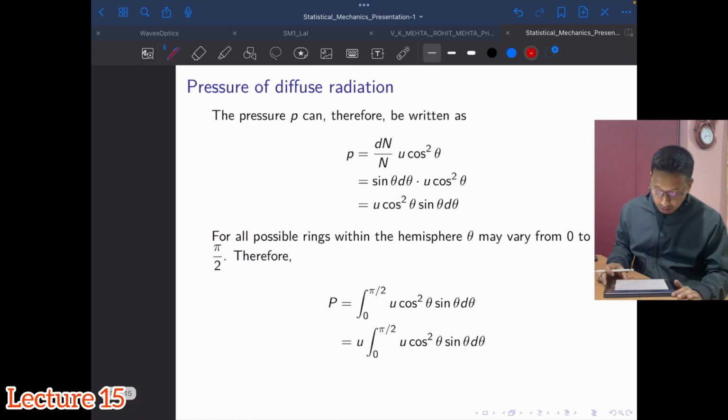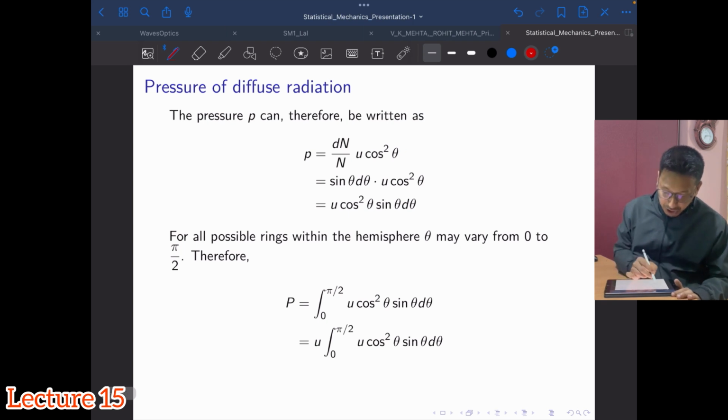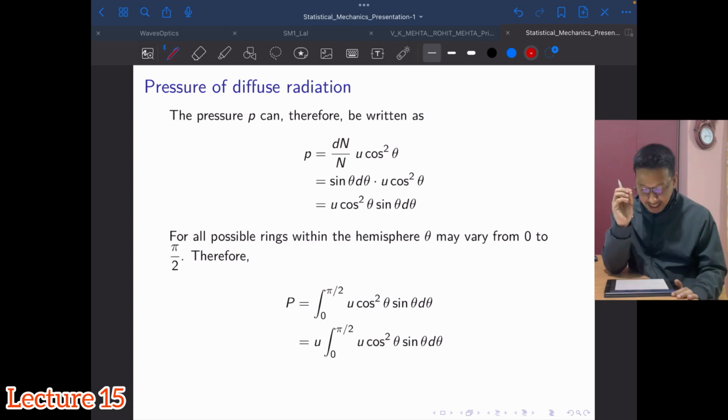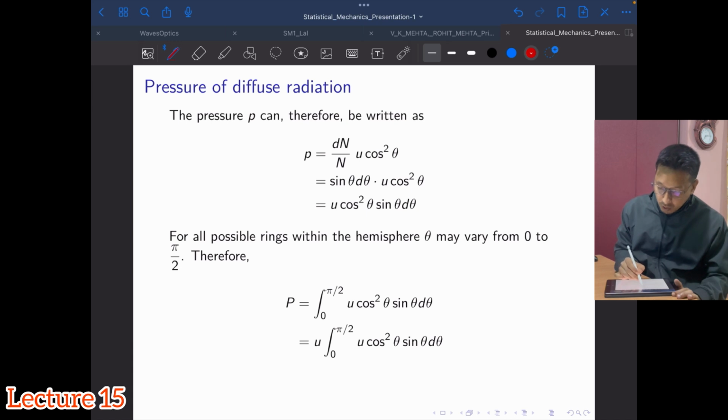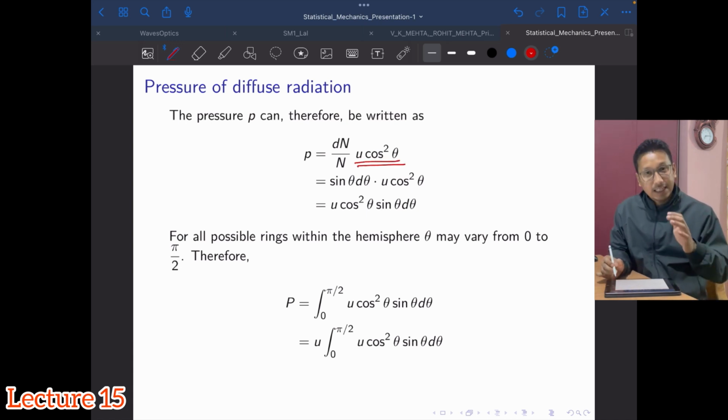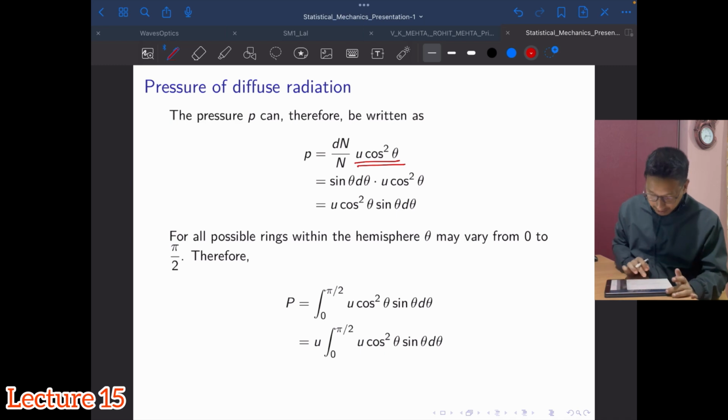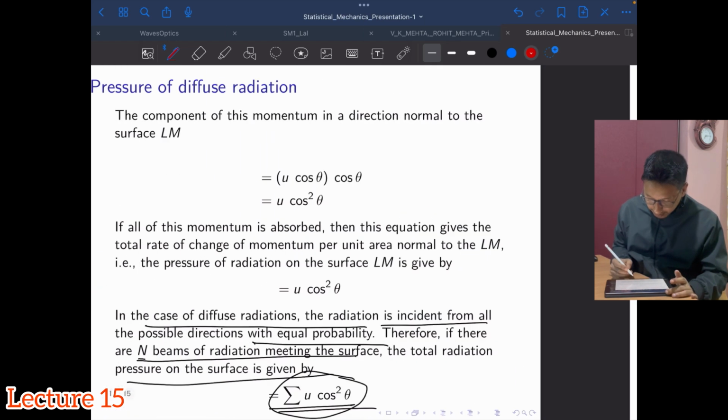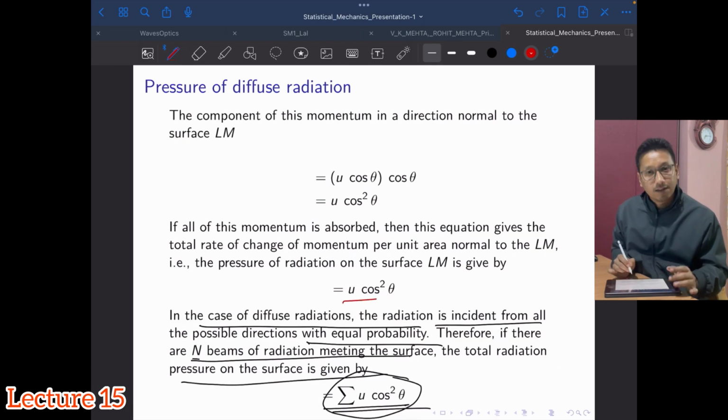Okay, so now the pressure P we can write as, so this was the pressure exerted on the surface due to a single photon, right? Now what we have considered is u cos square theta.